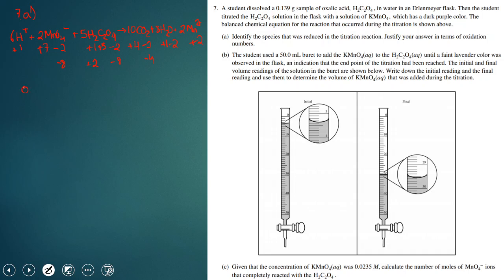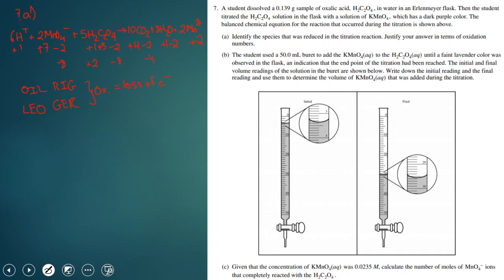remember we can use our acronyms. We can use OIL RIG, you can use LEO GER, whichever one you want. Essentially what we find out is that oxidation equals loss of e minus. So think about what the oxidation number represents and how that relates to a loss of electrons.